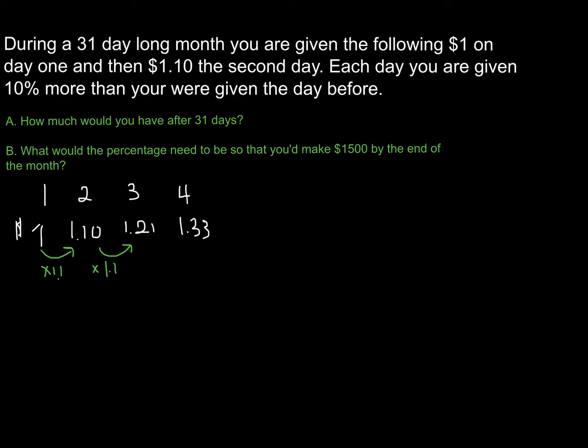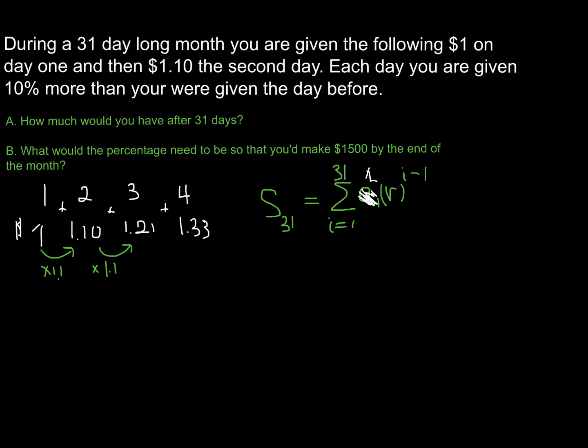What we want to do here is add the amount that I'm given each day. So what I'm looking for is the partial sum up to day 31, or when n is 31. This is saying take the sum from 1 to 31 of each term. Each term is given by a sub 1, I'll plug that value in a second, times r, the amount that I'm multiplying by, to the i minus 1. And a sub 1 is just $1.